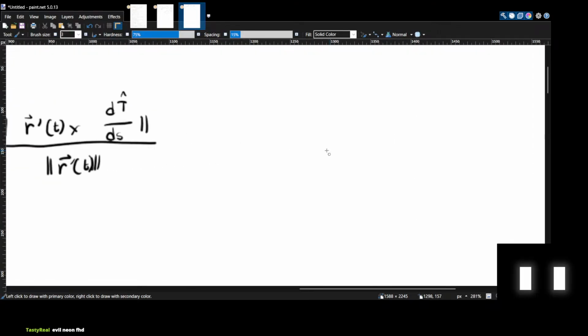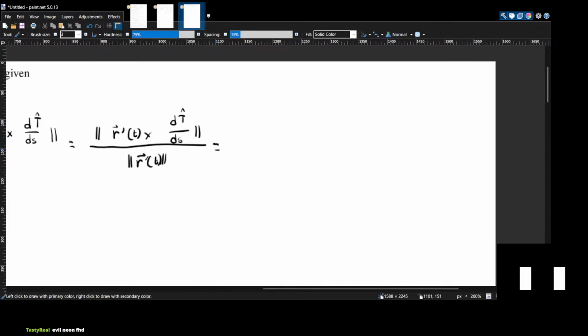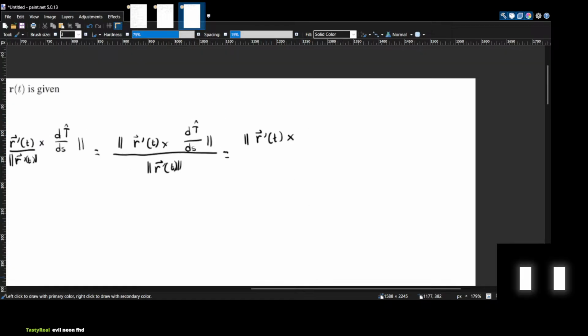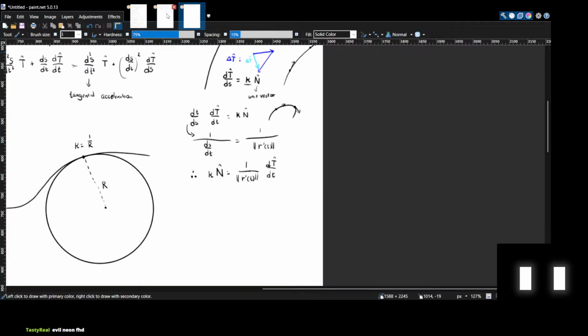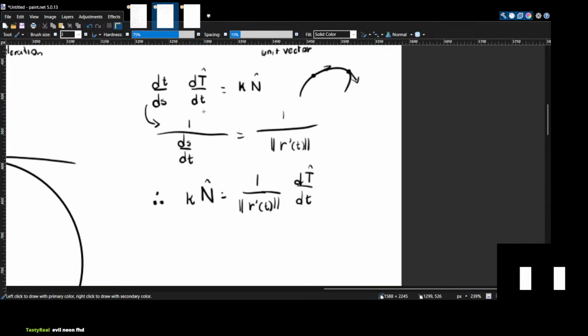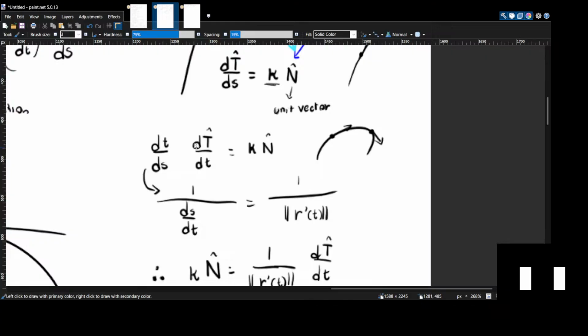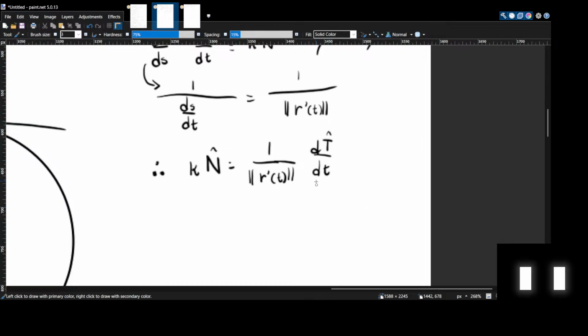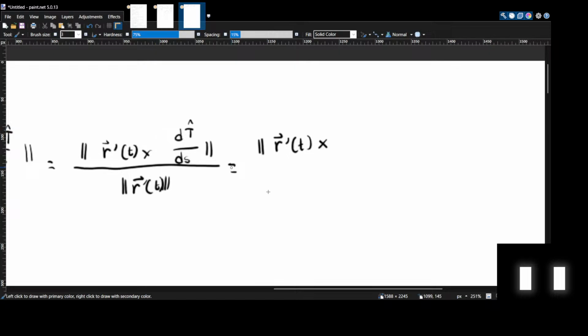Yeah, and then the next thing that we can do is we're going to turn dT by ds into the form that we just had prior. dT by ds here becomes dT by dt times 1 over the norm of r prime.